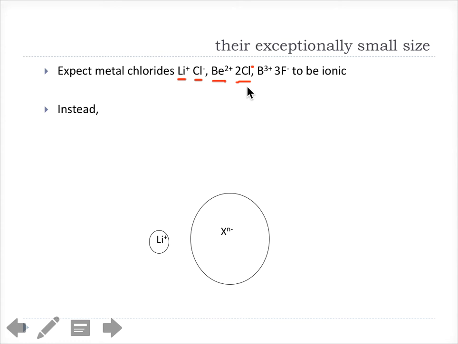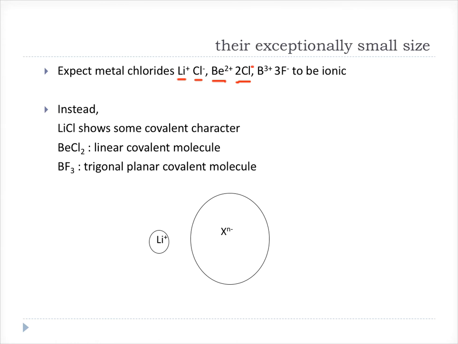However, if we were to look at the analysis of these 3 compounds, we actually find some deviations from the ionic properties that we would expect. For example, lithium chloride actually shows some covalent character in its bonding.